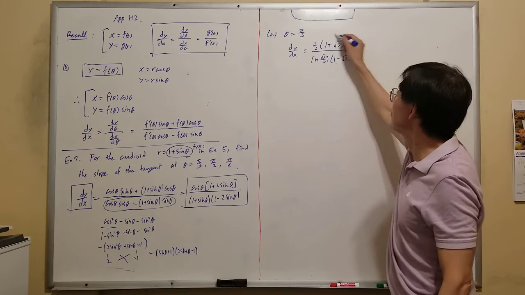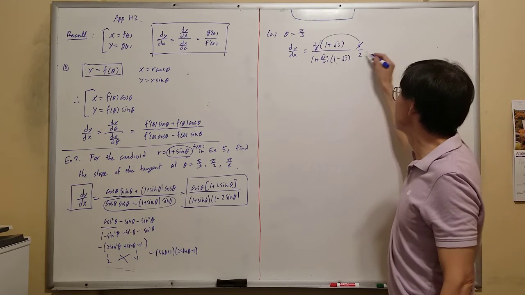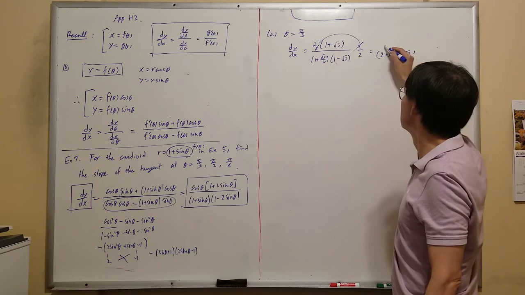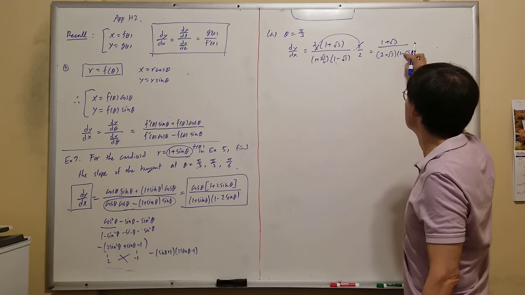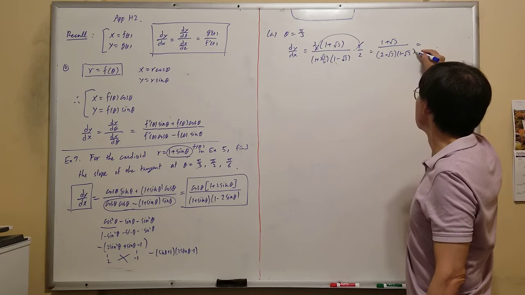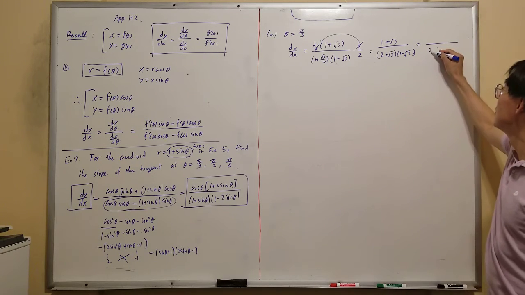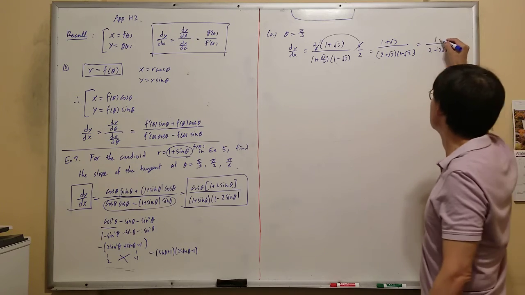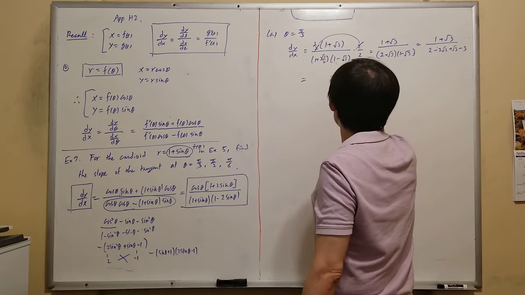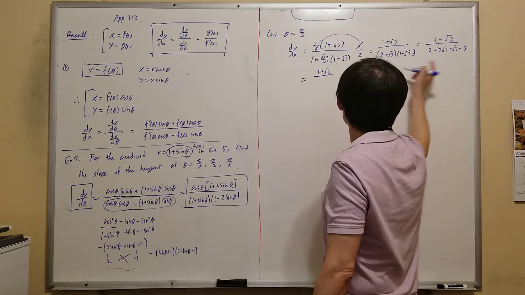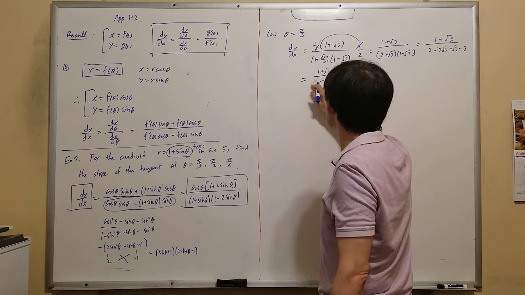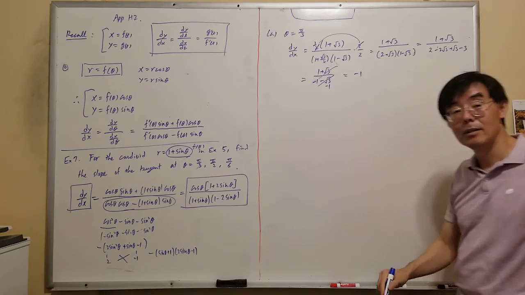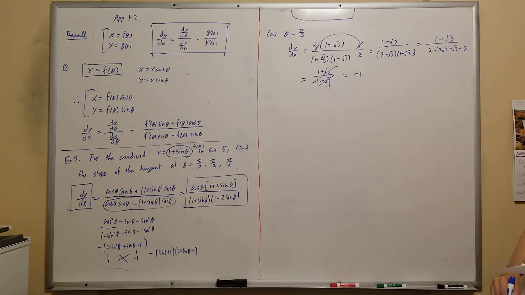Multiply both sides by 2 to get rid of this, and 2 to get rid of this. 2 square root of 3 over 1 minus square root of 3 times 1 plus square root of 3. Now distribute your denominator: 2 minus 2 square root of 3 plus square root of 3 minus 3. So you get 1 plus square root of 3 over minus 1 minus square root of 3. Hey, negative of each other. So negative 1. Slope is negative 1. Okay?